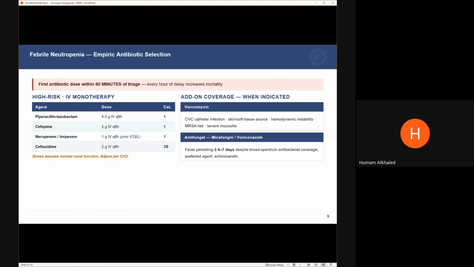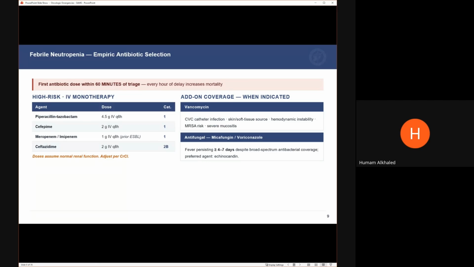Not all patients need vancomycin at presentation, and this is a strong recommendation. We only add vancomycin in certain situations. And these are if the patient has any central line infection, skin and soft tissue infection, hemodynamic instability, so if they're in sepsis or septic shock, or if they have a MRSA risk, like being in the hospital for too long, or having a prior MRSA infection, or if they have severe mucositis or mouth sores.